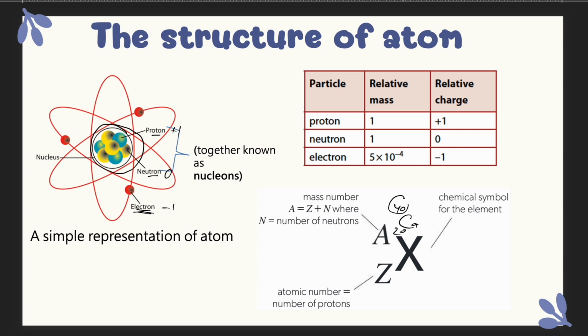This 40 is the number of neutrons plus protons. And Z is the atomic number, the same as the number of protons. For a neutral atom, the number of protons equals the number of electrons.